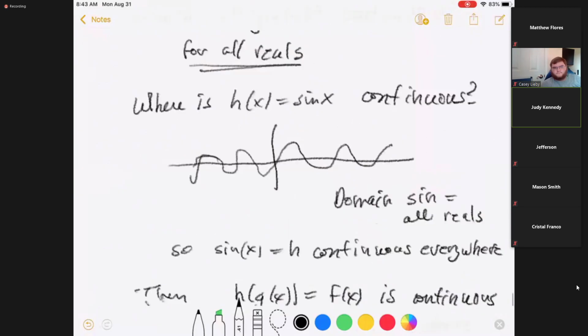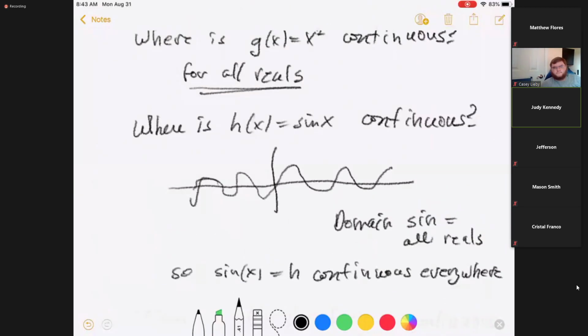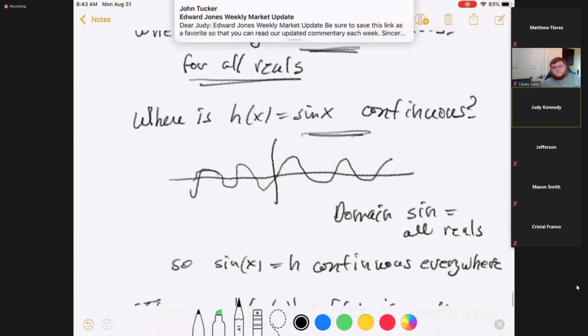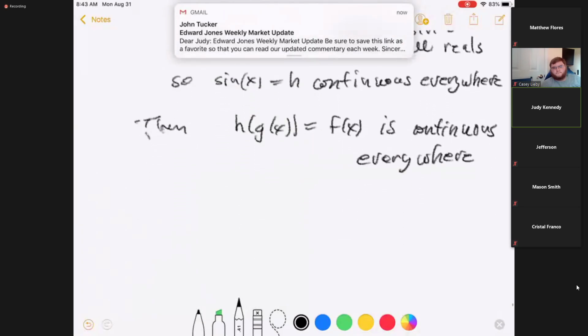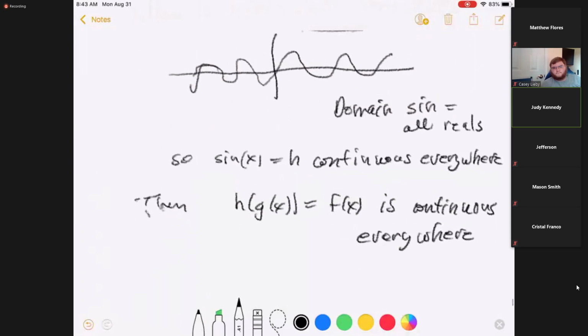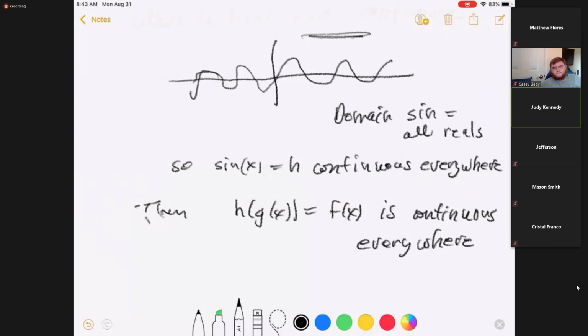Now we take this function and this function and compose them to form the function f, but from the little theorems we just had, that function's continuous everywhere.